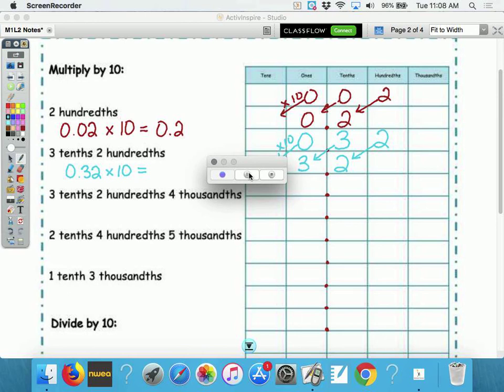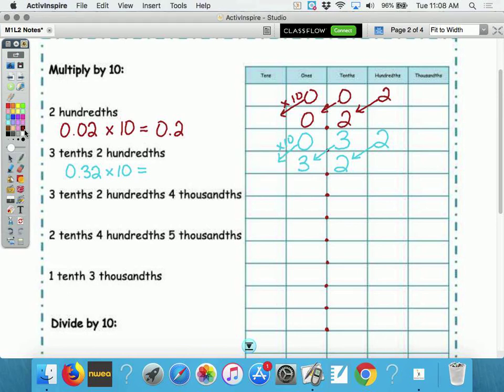No. Let's take a look at it. I'm ready for red again, aren't I? 3 tenths, 2 hundredths, 4 thousandths. Do I need a 0 in front of this? Huh? Yes, I do. But I'm not going to move the 0. I bet that's what you thought. So let's rewrite it. 0.324.